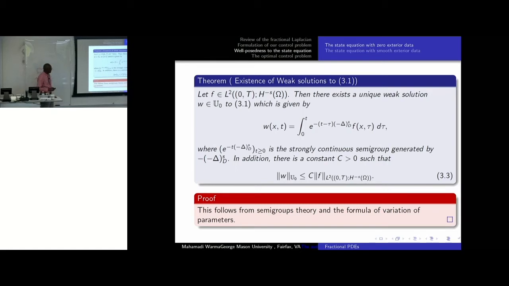But we have to know that semigroup theory comes from the so-called Cauchy functional equation.